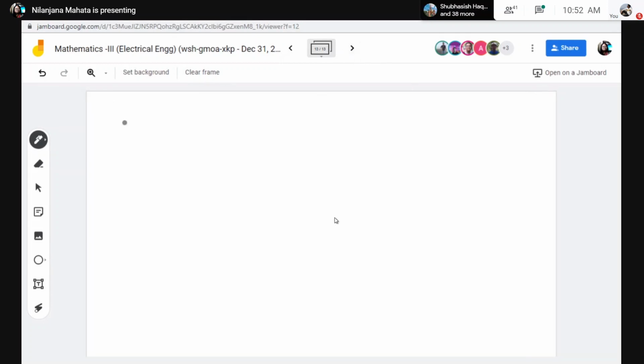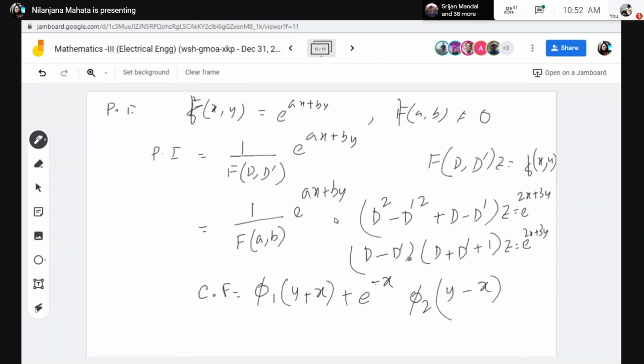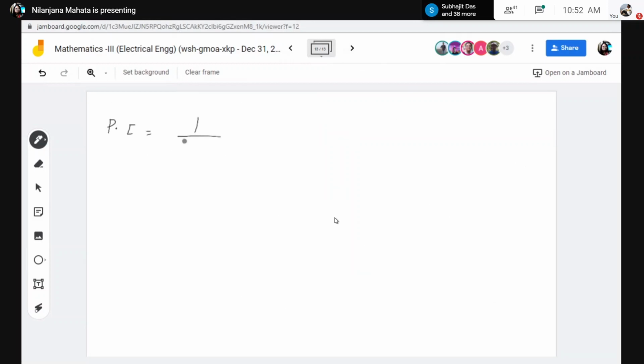And for PI, your PI will be 1 by, my factor is D minus D dash, D minus D dash into D plus D dash plus 1, e to the power 2x plus 3y.